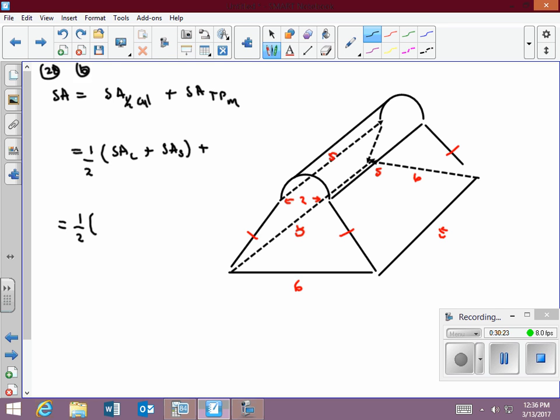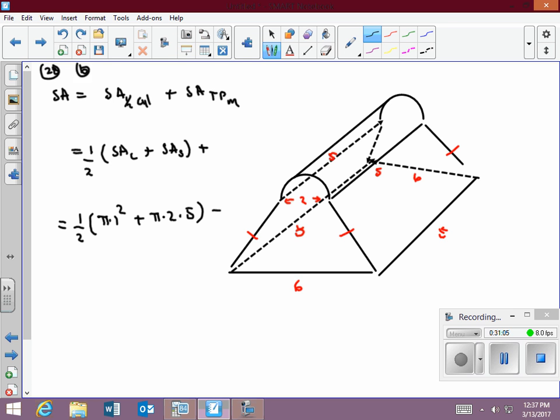and that circle is pi r squared, so it's times 1 squared, right? Diameter is 2, radius is 1, plus circumference, pi times the diameter, times that height 5. Is that right?